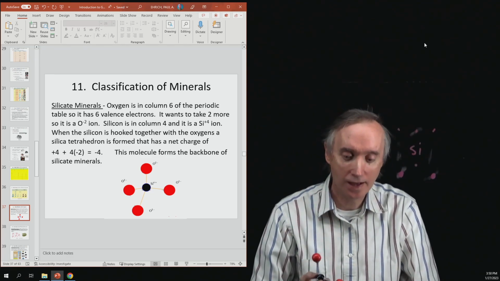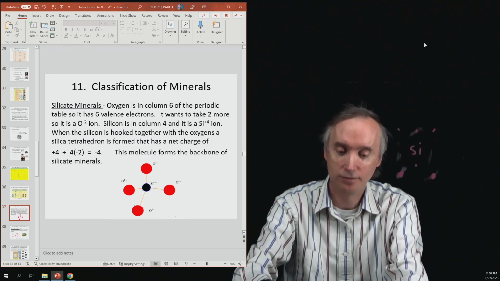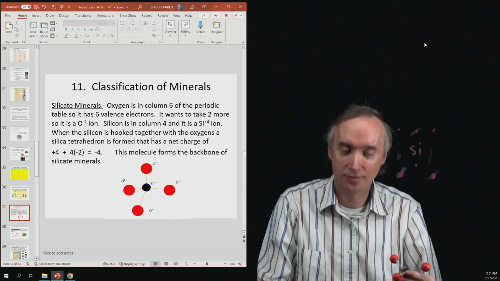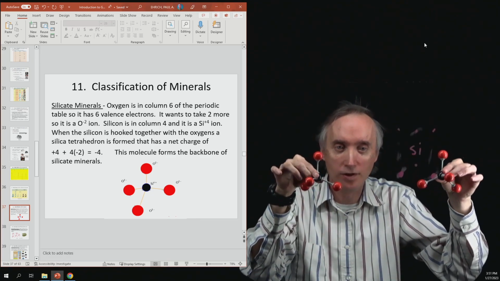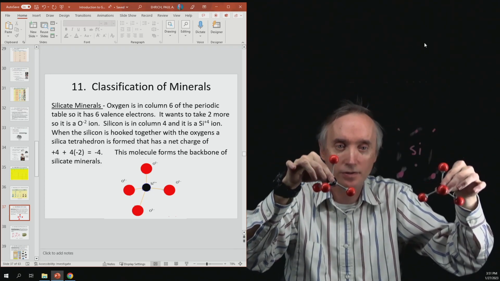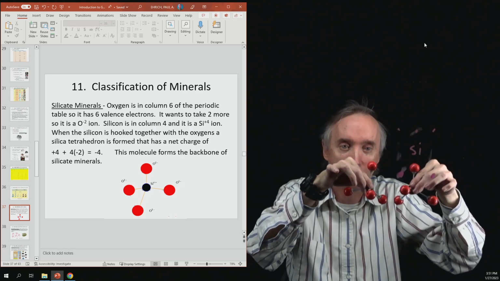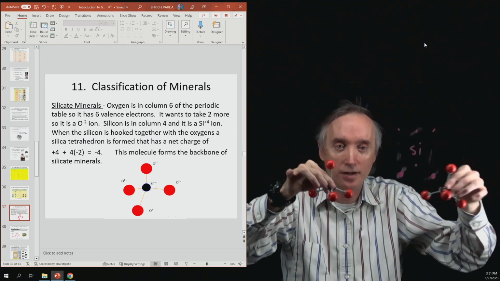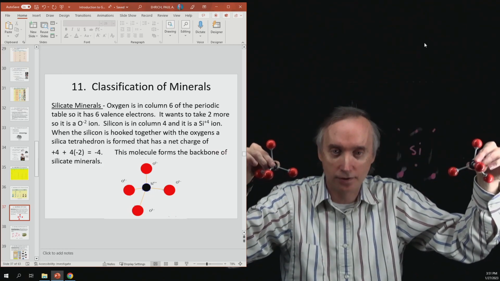So if you had another one, here's another one. What do you think would happen if you tried to take these two silica tetrahedrons and make a mineral out of them? It wouldn't work because they would be repelled by each other.